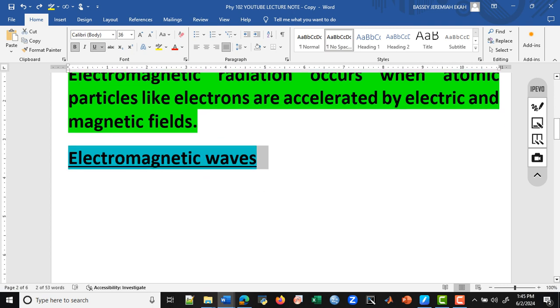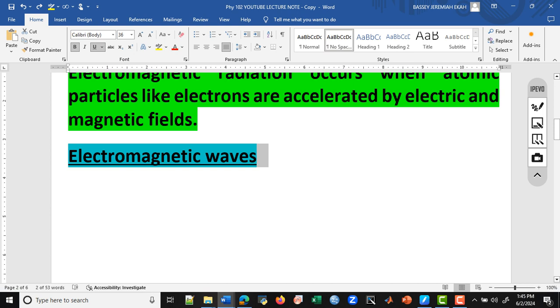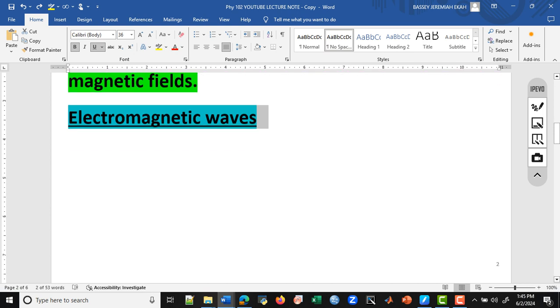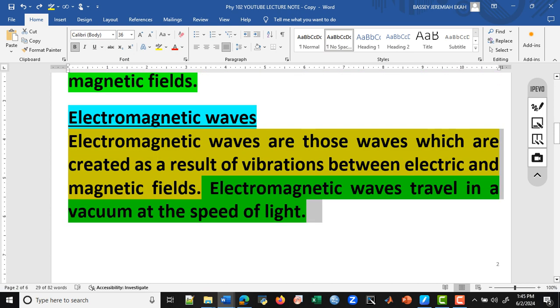We are going to say briefly about electromagnetic waves. Electromagnetic waves are those waves which are created as a result of vibrations between electric and magnetic fields.